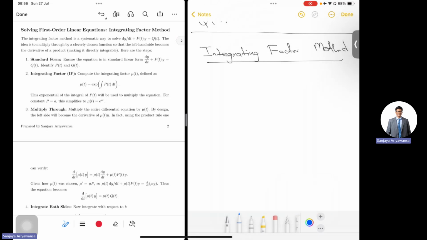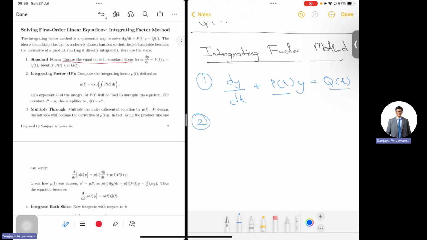We are trying to solve first order linear differential equations. So step number one is very simple. Ensure the equation is in the standard linear form. What is the standard linear form? It should be of something like this, right? The variables can change, but it should be of this particular format. And you have to identify what p of t and q of t are.